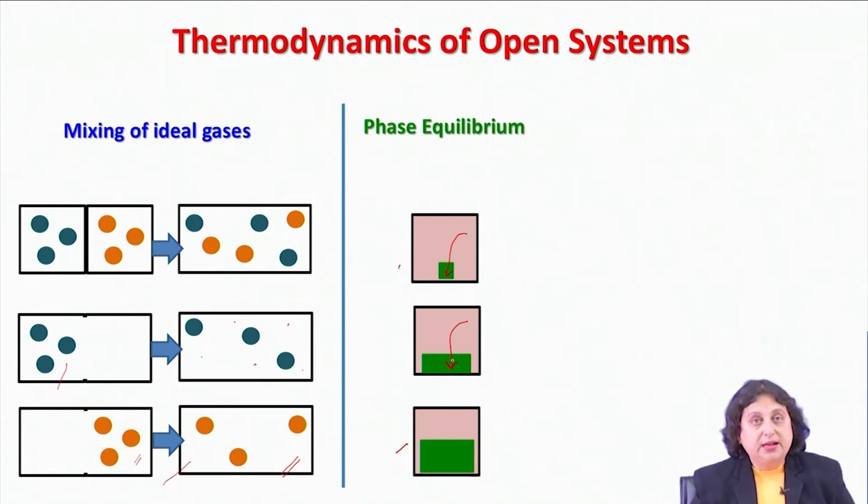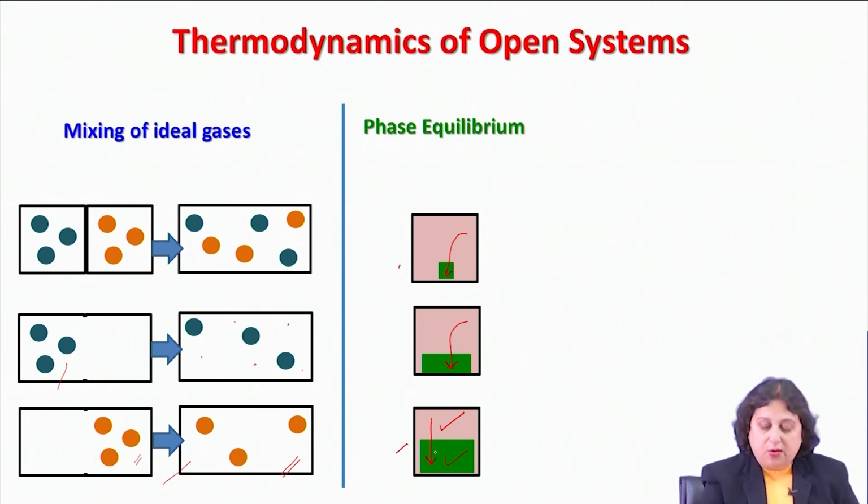And therefore, when a new equilibrium state is reached, I will have both the liquid and the gas phase under the given condition of temperature and pressure coexisting in equilibrium, such that there is no more apparent transfer of matter from the liquid phase to the gas phase or vice versa.